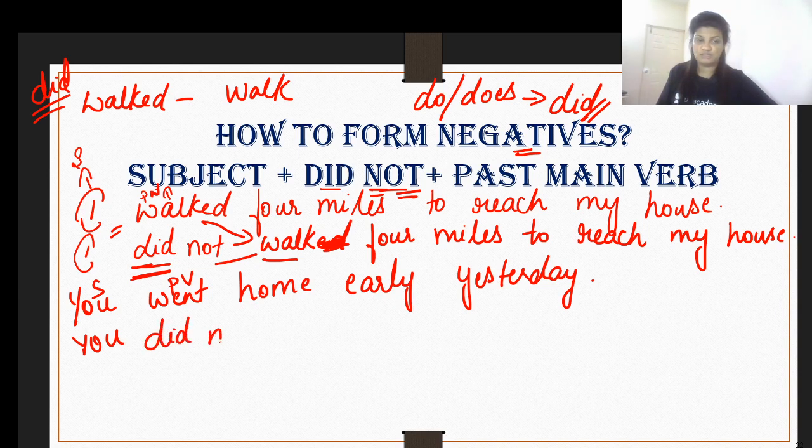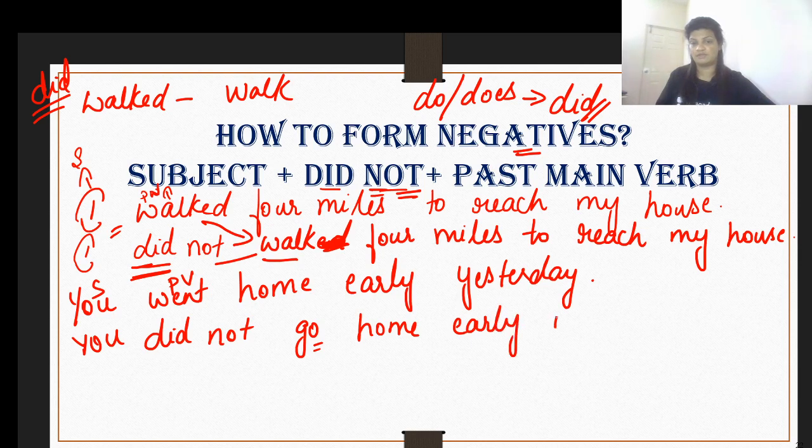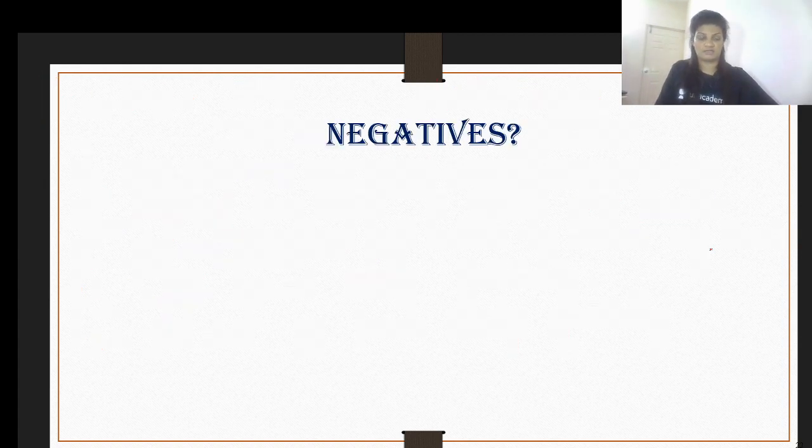You did not. Went becomes go, because this is your negative statement. Therefore, even though it is simple past, you use your present tense over here. You did not go home early yesterday.